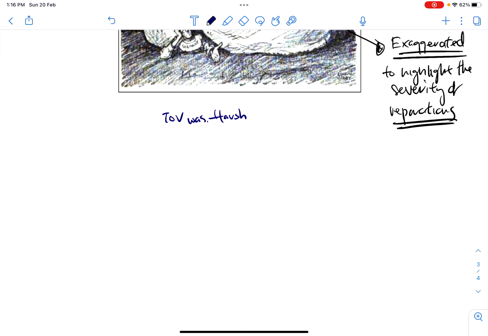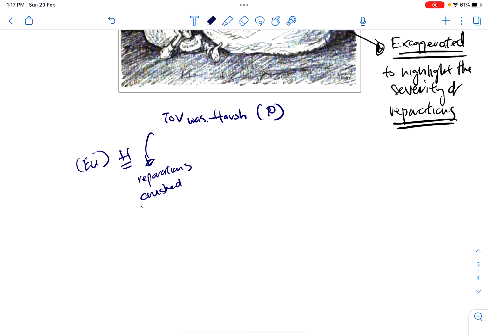TOV was harsh. Then highlight. The main highlight you see is the reparations. This is your evidence. I see the reparations. This is your point. I see the reparations. I see crushed and looking hopeless. These are the main words of the picture.